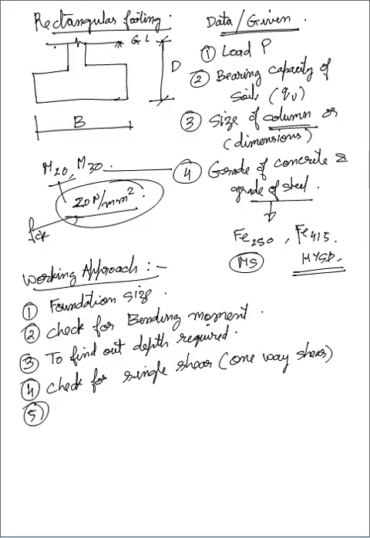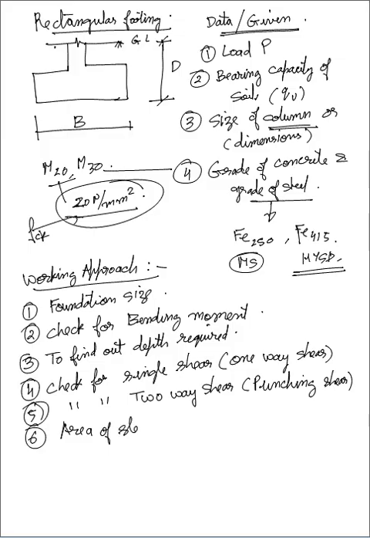Then the next step is check for two-way shear, also known as punching shear. Then we have to find out the area of steel for the longer span. And the last step is the area of steel for the shorter span.